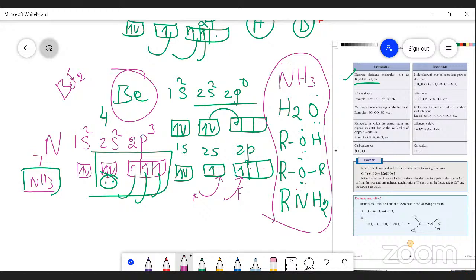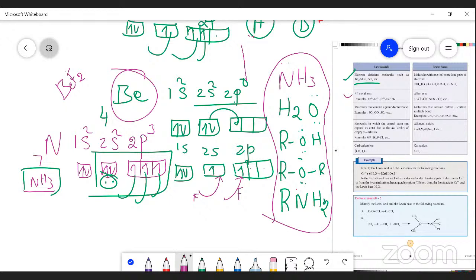Is the first point clear to you, who can act as an acid and who can act as a base? According to Lewis, electron deficient species can act as a Lewis acid, and then Lewis base.